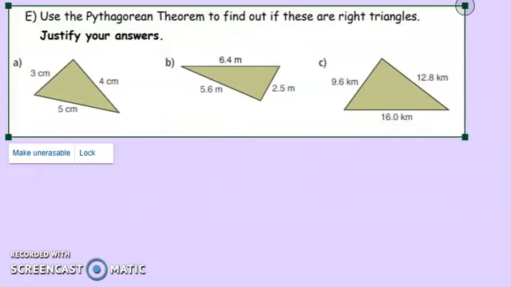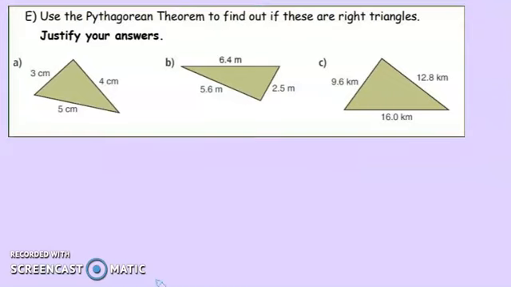Now here you can see a set of questions that require you to find if these are right angles and justify your answers. So the thing is, how are you going to check if these are right angles. Again you have to apply the Pythagorean theorem, and you have to take a look at the different sides.